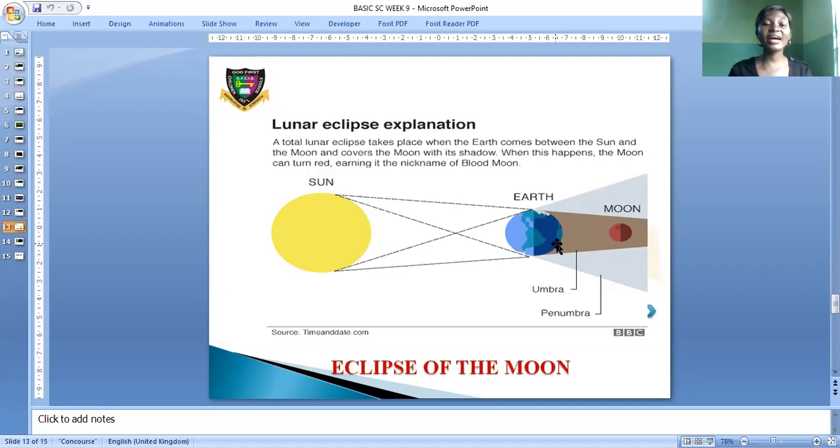And the lunar eclipse takes place when the earth comes between the sun and the moon, thereby blocking the moon from receiving light from the sun, and the moon can turn red, and this is the nickname the blood moon.